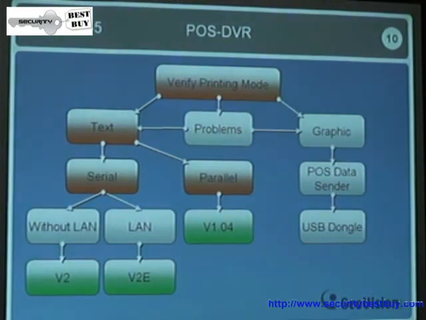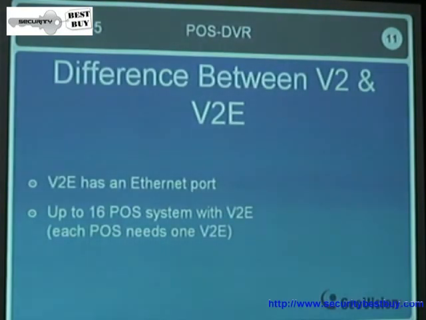And before we begin, let's talk about the difference between V2 and V2E. V2E basically has all the functionalities of V2, but it has an Ethernet port and can be used in a LAN environment.